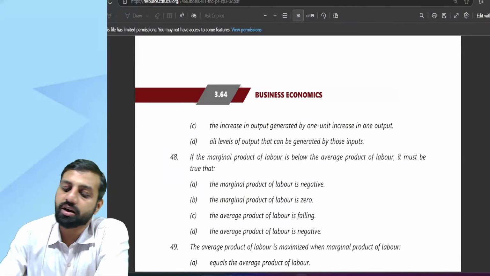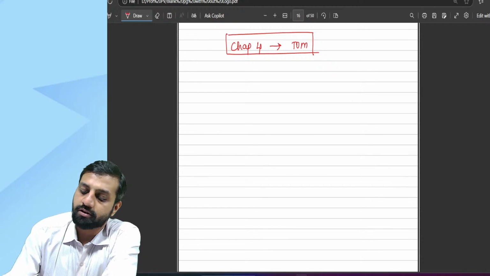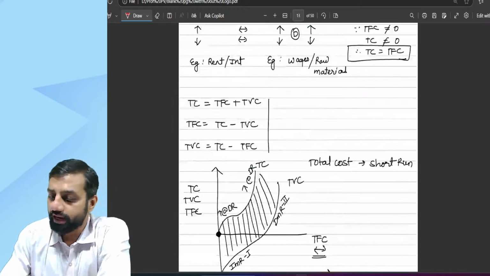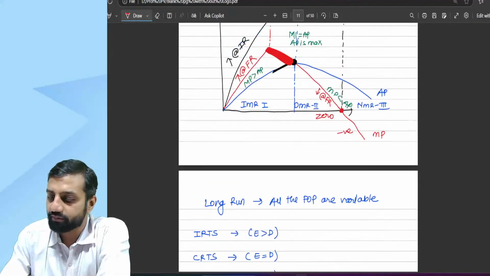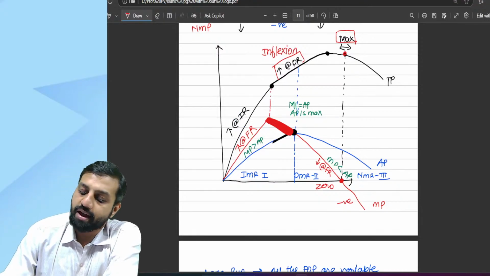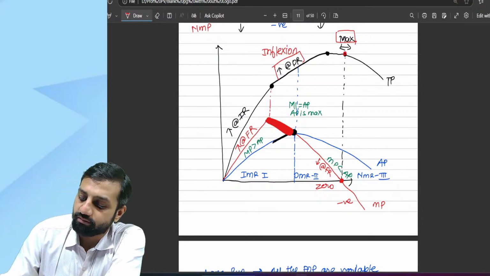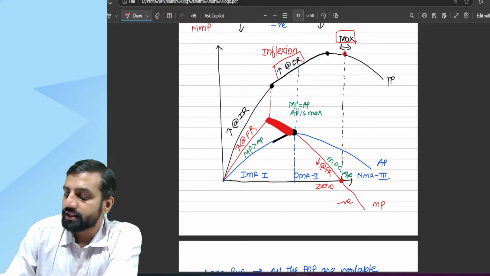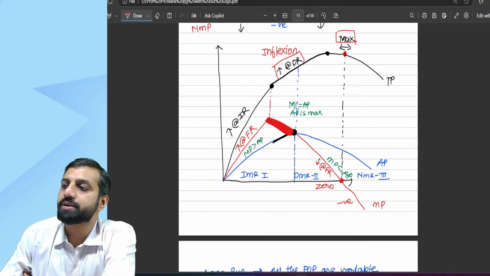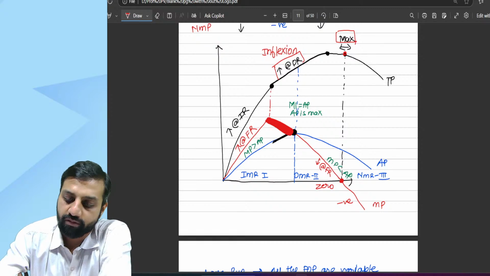If marginal product is below average product, so Surya, again you'll have to take the help of the diagram. If MP is below AP, then MP falls, AP falls, MP falls at a faster rate.